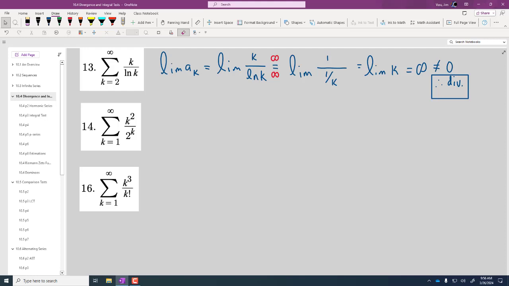So a lot of the math with infinite series should confirm what the logic is. We should be able to logically think through most of these before we even do the math. And so in this case, we get the limit of a sub k, that's the limit of k squared over 2 to the k. All right, that's also indeterminate. We have infinity over infinity again, so we can use L'Hopital.